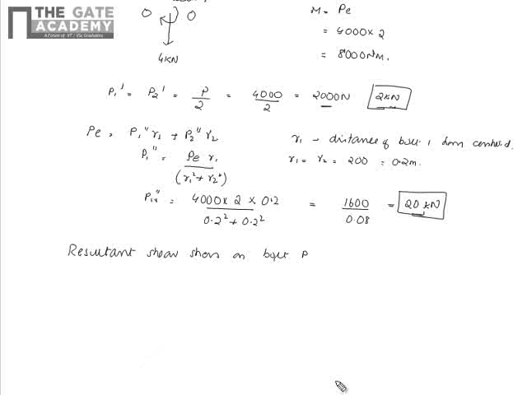Okay, so we'll draw the bolt P here. If this is the bolt P, the primary shear force will be acting against the load of 4 kilonewtons. So direction will be upward.